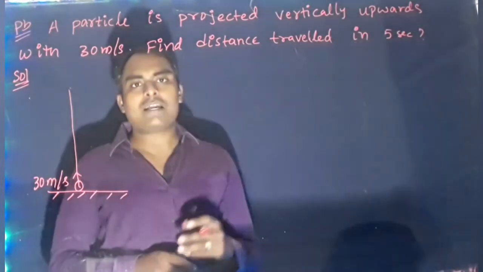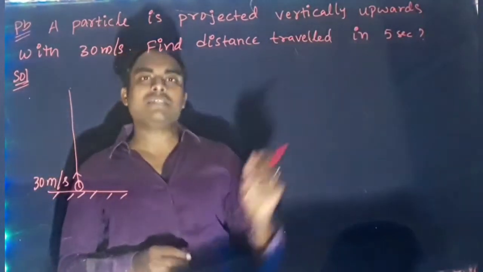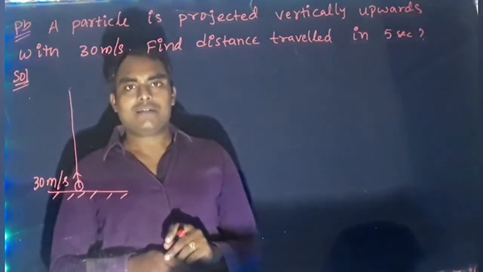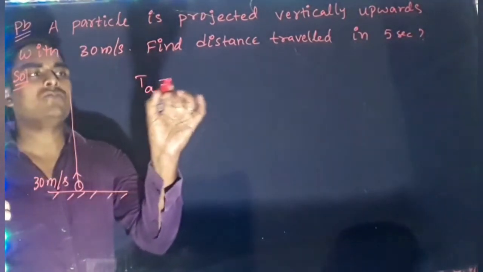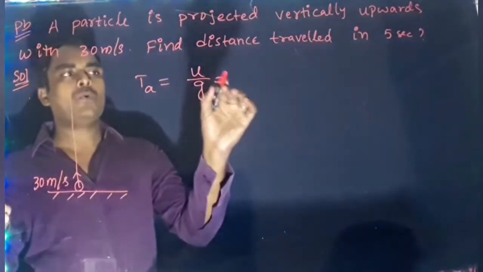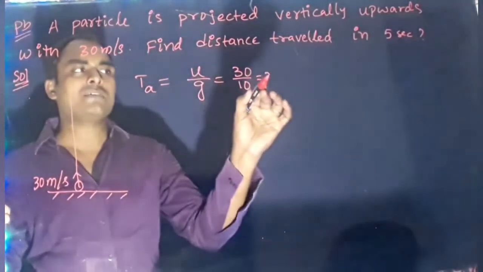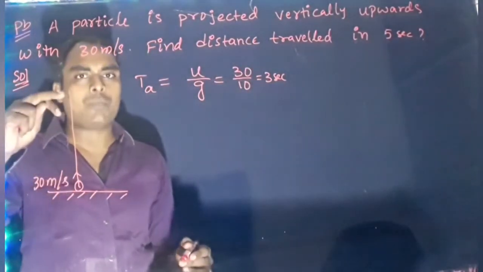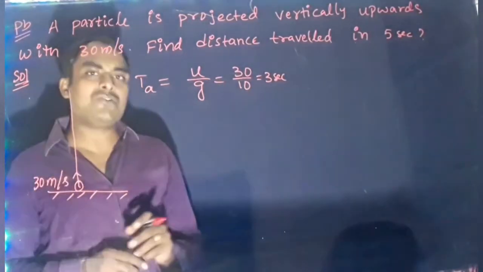So let us find whether it is going up or coming down in 5 seconds. First let us find the time of ascent. The time of ascent formula is u by g for a vertically projected up body. So u is 30 meter per second, g value 10, so 3 seconds. Time of ascent is 3 seconds. In 3 seconds it will go up. Next 3 seconds it will come down. In 6 seconds it will reach the ground.